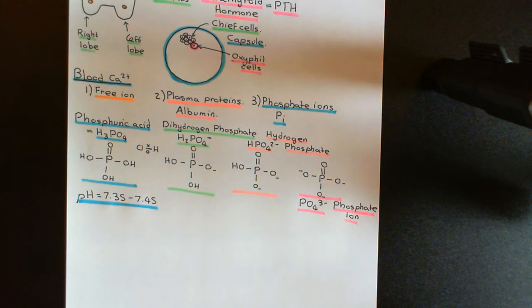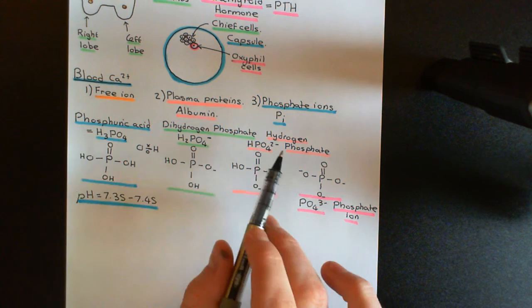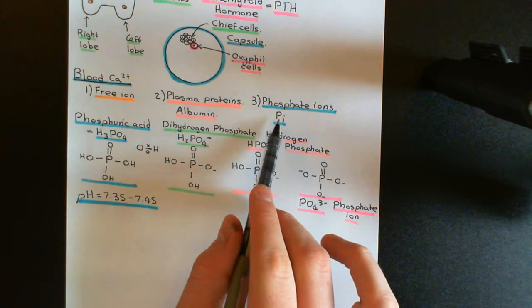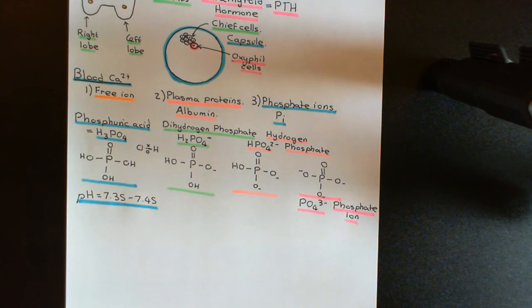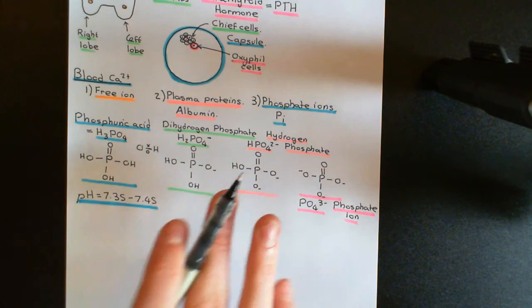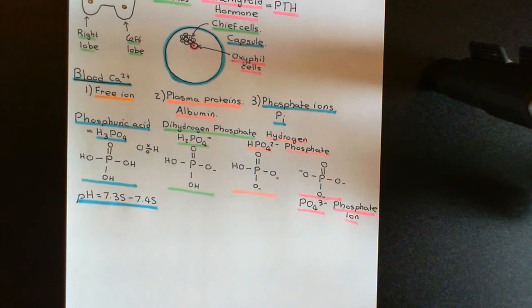So the third and final form that calcium can exist in within the blood is bound to these phosphate ions, any of these three, which we'll now just denote as Pi here, and it can do that because they have a negative charge and the calcium has a positive charge. And that complex of calcium with the phosphate ion can then move around in the blood.